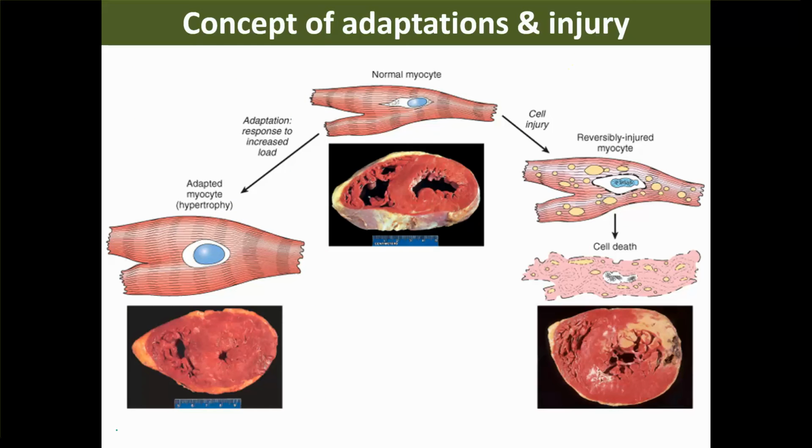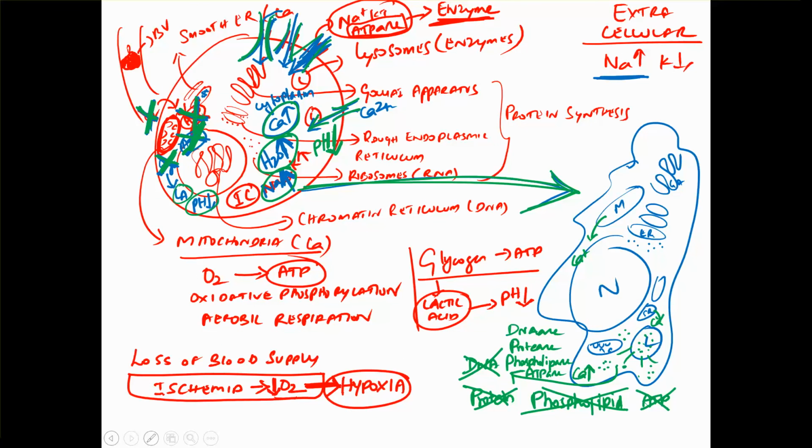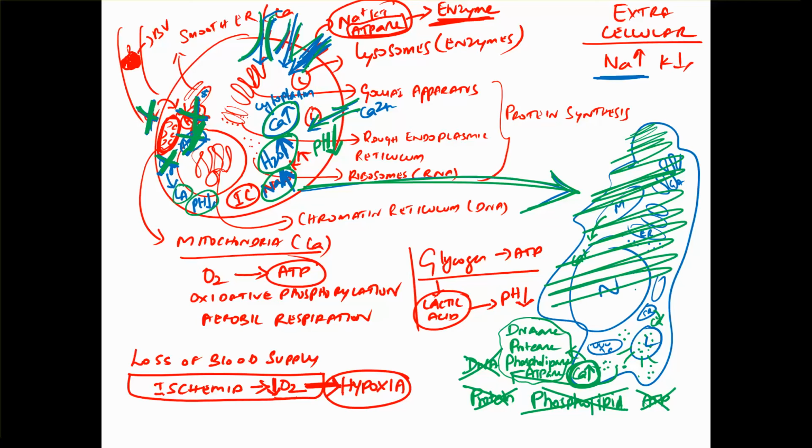All these enzymes get activated because of calcium. Understand? So these enzymes will completely break the cell and destroy the structures of the cell, and this ends up with cell death.